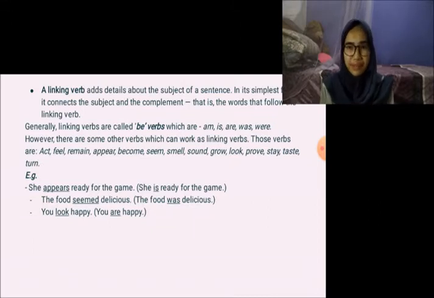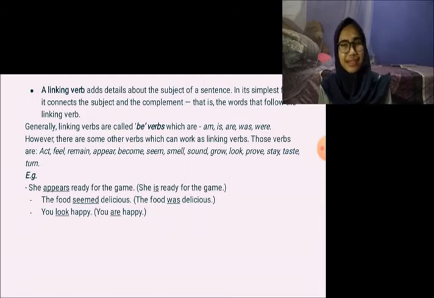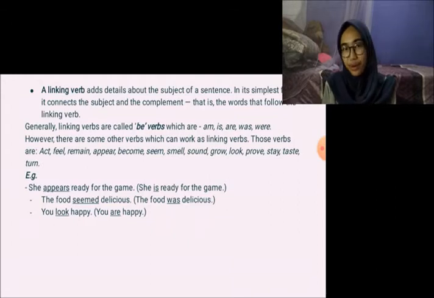So, for example, she appears ready for the game. Or we can say she is ready for the game. Or the food seemed delicious. We can say the food was delicious. Or you look happy. We can say you are happy.